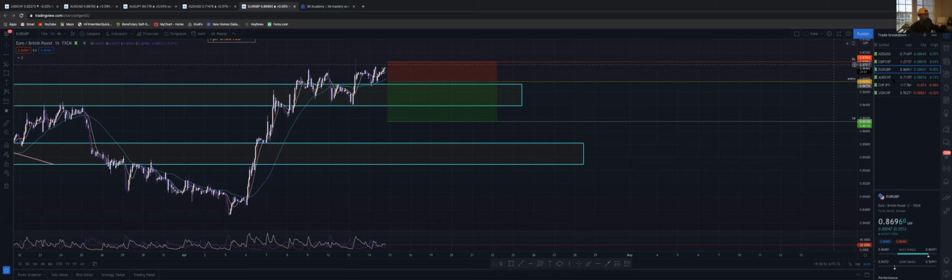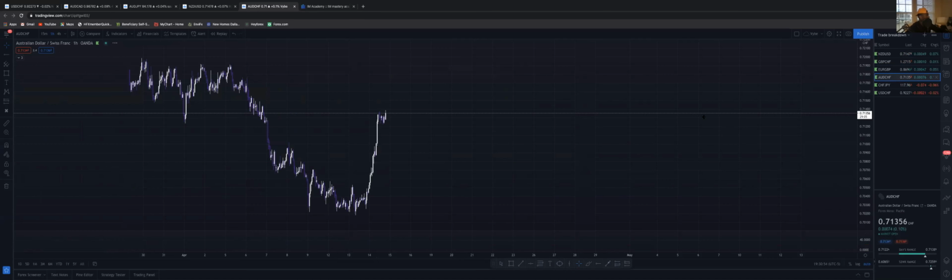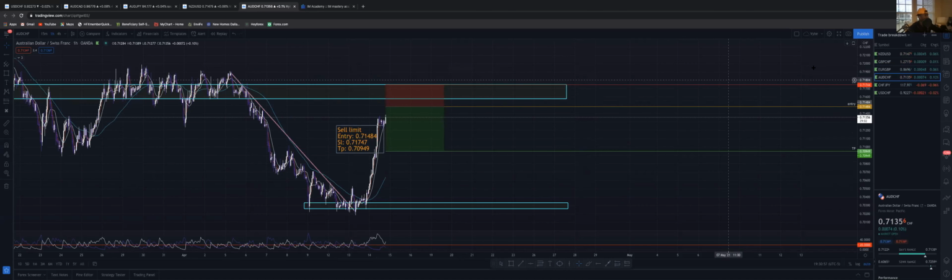Let's go to NZDCHF. Same thing with NZDCHF, like I said on NZDUSD. I wanted to exhaust all of its buying power. So this is my entry point for that. Let's take this real quick. When you see this here and you see how price looks like it wants to go down, that means it hasn't exhausted all of its buying power.